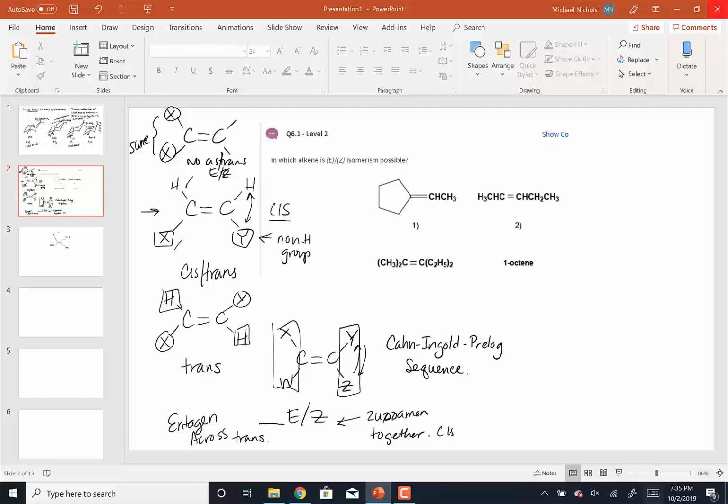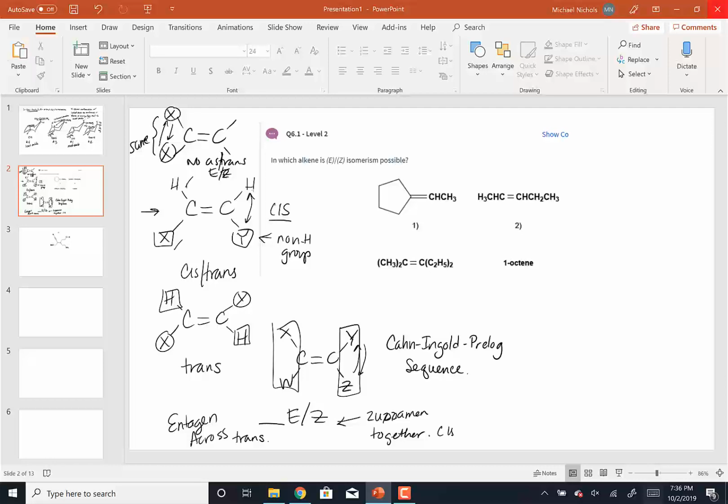Up here, if you have the same group, interchanging it does nothing. It doesn't change the shape. Okay? So that's my quick, not so quick, rundown on what cis-trans and E and Z really mean.